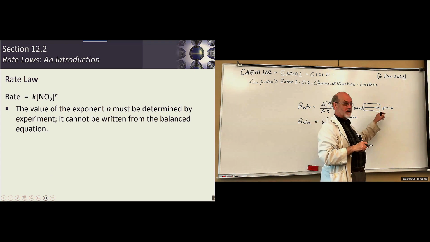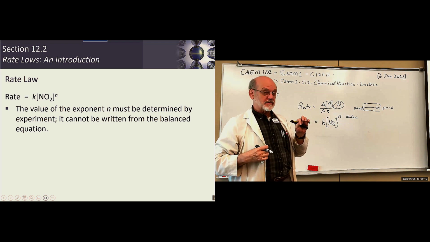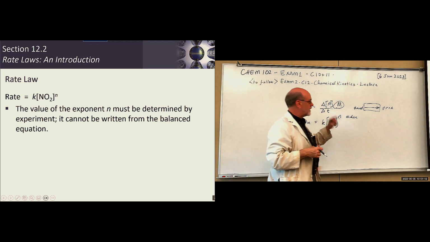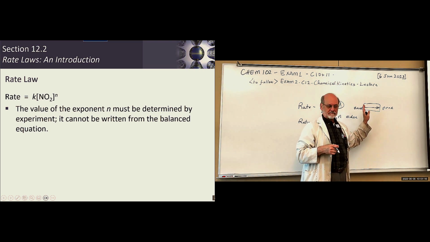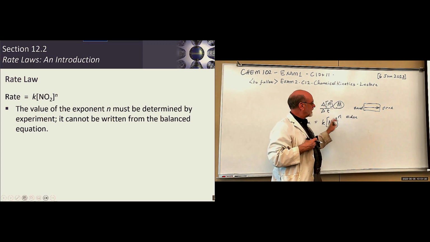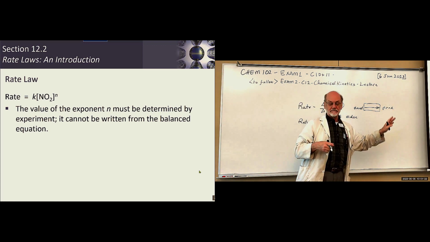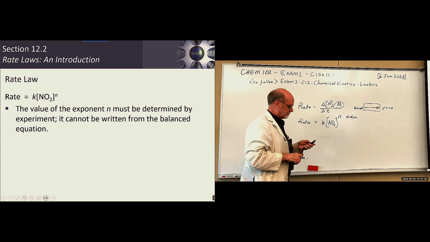This is the overall. There could be steps, mechanism steps. And those mechanism steps, we can use their stoichiometry to infer a rate law for each step. Okay, just keep that in the back of your mind. We'll get to it in a minute.